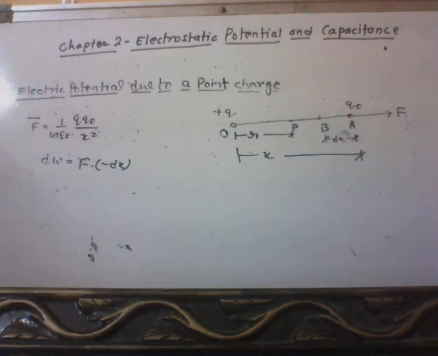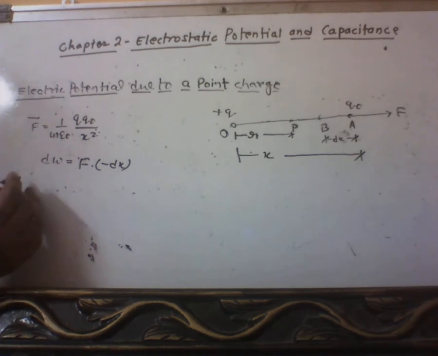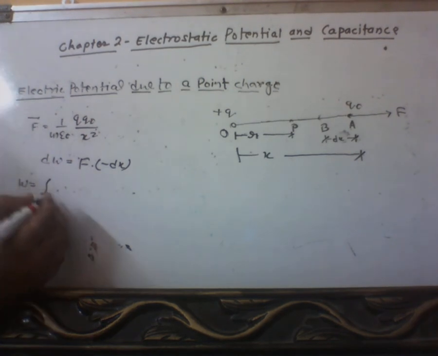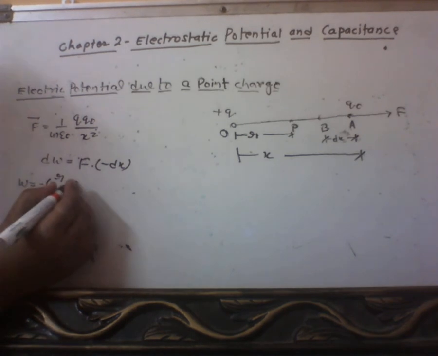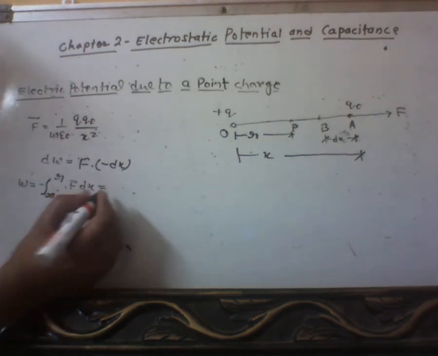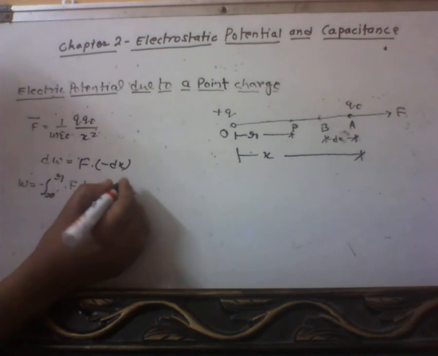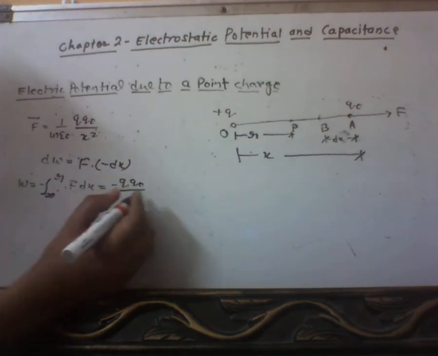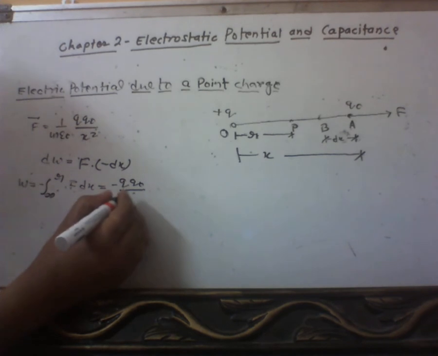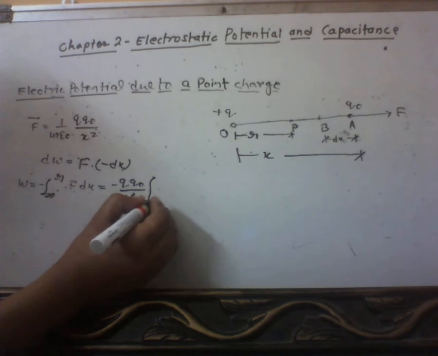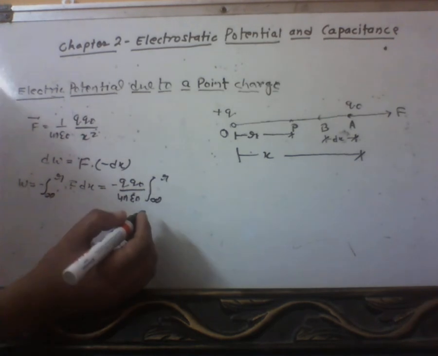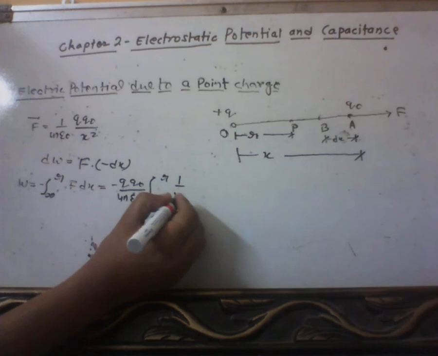Now this is the small work done in carrying that charge from this point to this point. If you want to calculate the total work done, then we have to integrate within the limits infinity to r. So W will be equal to the integral from infinity to r of F dx. On substituting the value, we get minus Q Q naught upon 4 pi epsilon naught, integral from infinity to r of 1 upon x square dx.